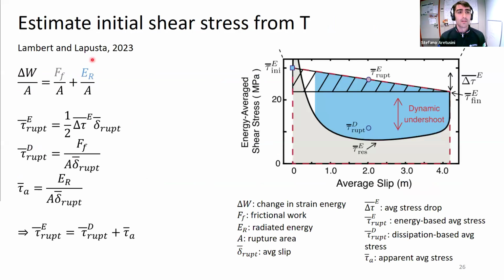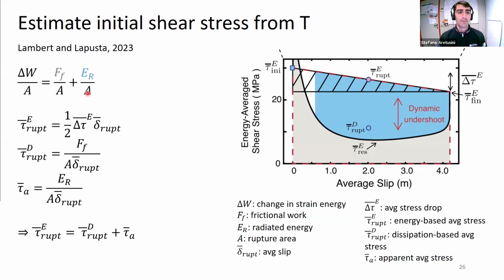If we start with this energy balance formulation from Lambert and Lapusta, we can write an equation in which on the left hand side we have the change in strain energy per unit area, that is equal to the sum of the frictional work per unit area and radiated energy per unit area.